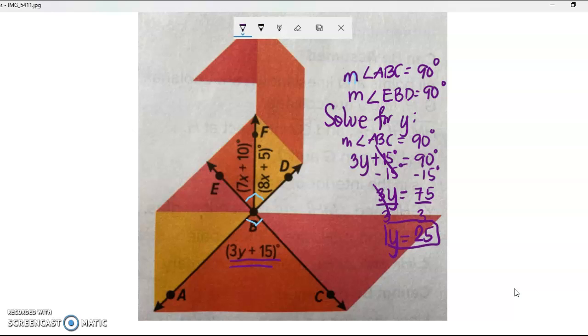Since we know the value of y already, it's now time for us to solve for x. Let us solve for x. Let's write in here, solve for x.